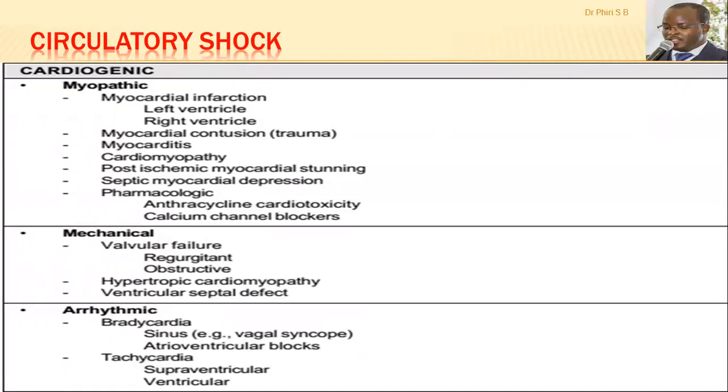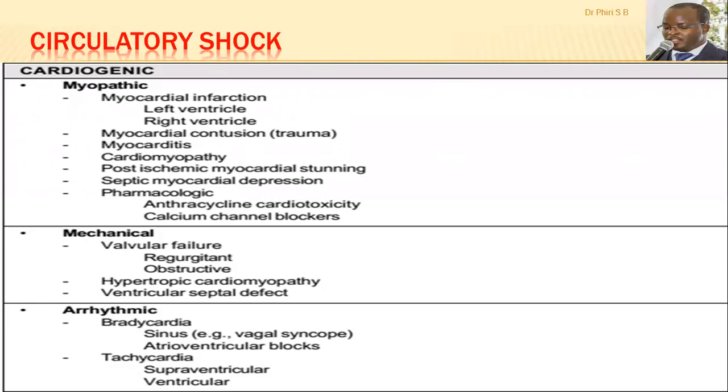Cardiogenic shock can be due to myopathy or myopathic causes. In this myopathic type, you can have myocardial infarction, the left ventricular myocardial infarction or right ventricular myocardial infarction. You can have myocardial contusions due to trauma, myocarditis, inflammation of the myocardium, cardiomyopathy.